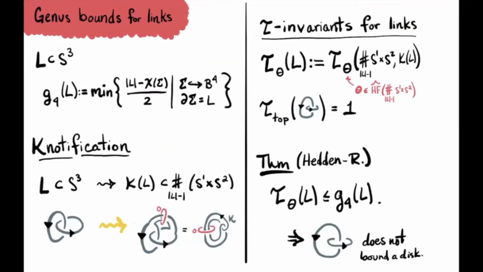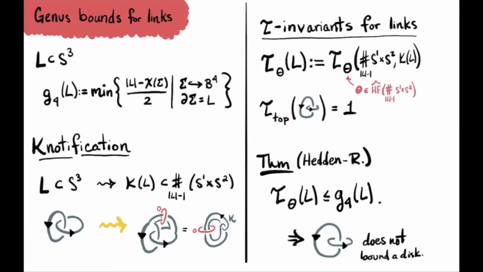Okay, so the first one is that out of our construction, we also obtain genus bounds for links. So let's fix a link in the 3-sphere, and we're also going to insist that our link be oriented.